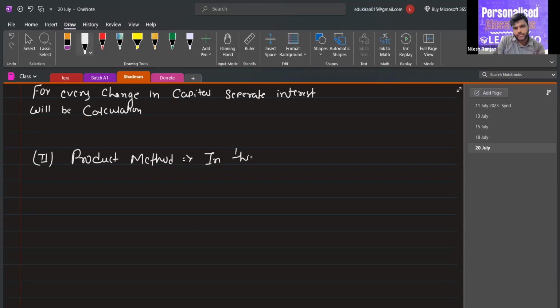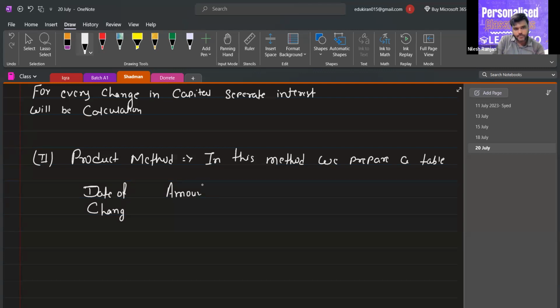In this method, we prepare a table: date of change, amount, then time period, and then product. So this will be your table.